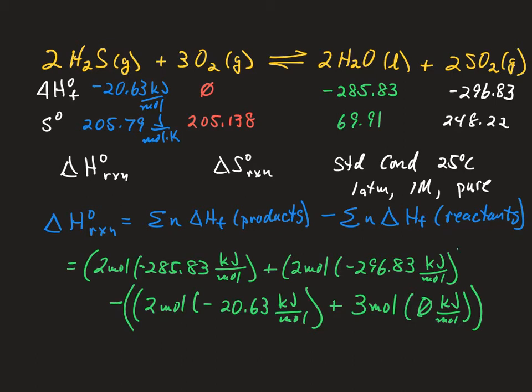And so when I add that all up, I get negative 1,124.06 kilojoules, which we can then normalize to any one of the reactants if we want to get back to kilojoules per mole. Okay, so that's our delta H0 for our reaction.